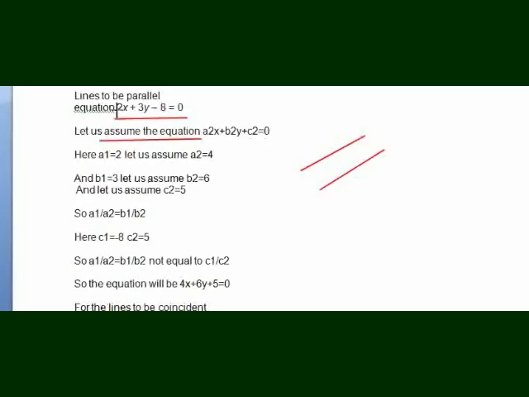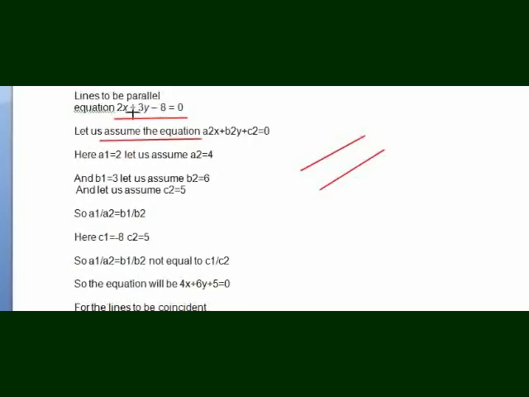So here the value of a1 is 2 and the value of b1 is 3. According to the condition, a1 by a2 should be equal to b1 by b2. If a1 is 2 and we assume a2 is equal to 4, then a1 by a2 is 2 by 4, which is 1 by 2.